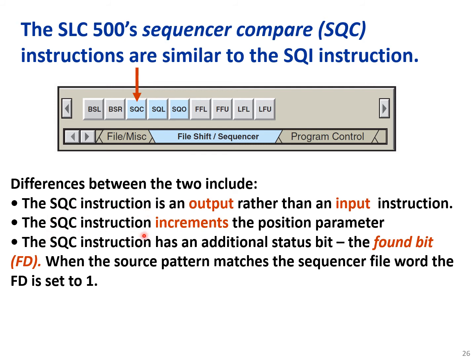The SQC instruction increments the position parameter. The SQC instruction has an additional status bit, the found bit or FD, and when the source pattern matches the sequencer file word, FD is set to 1. Slightly different, but almost the same for the purpose of these slides. It's good to know that we have SQI and we could use it in SLC or any other type of PLC program.